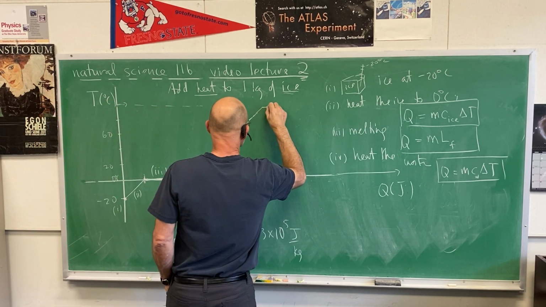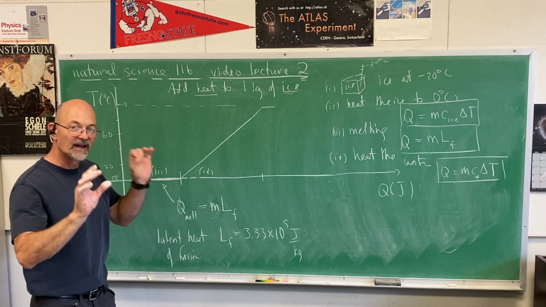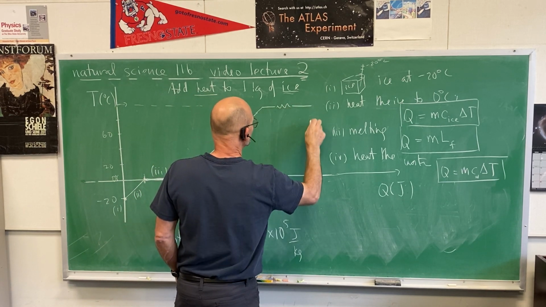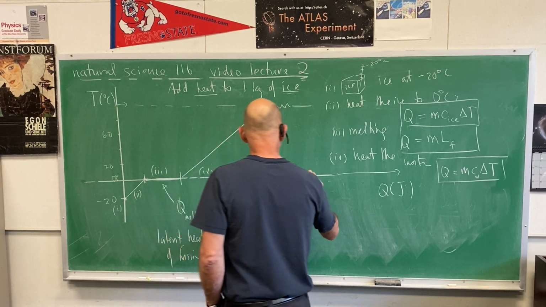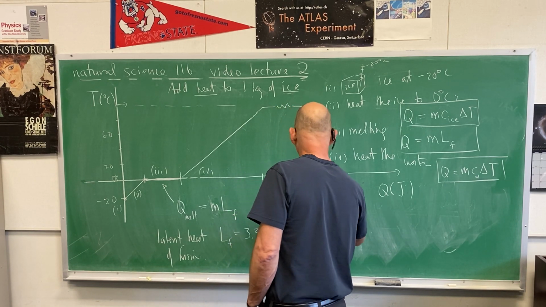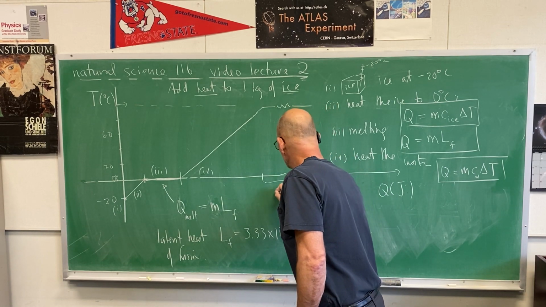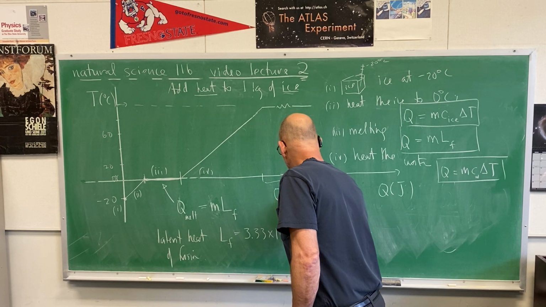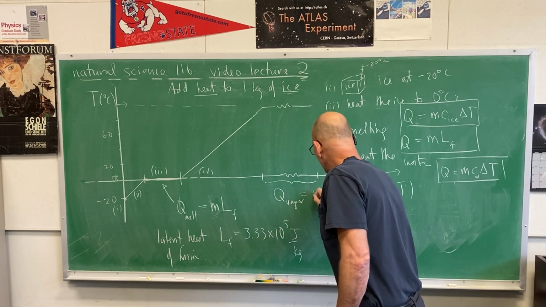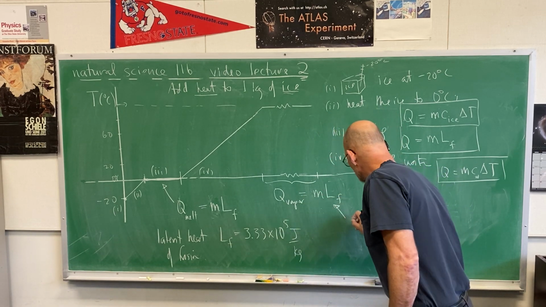It vaporizes and keeps the same temperature, so it's going to vaporize at 100 degrees Celsius. In fact, this graph has to be broken down because it goes so far, which means we're interrupting that graph. And this here, Q sub vapor equals M L.